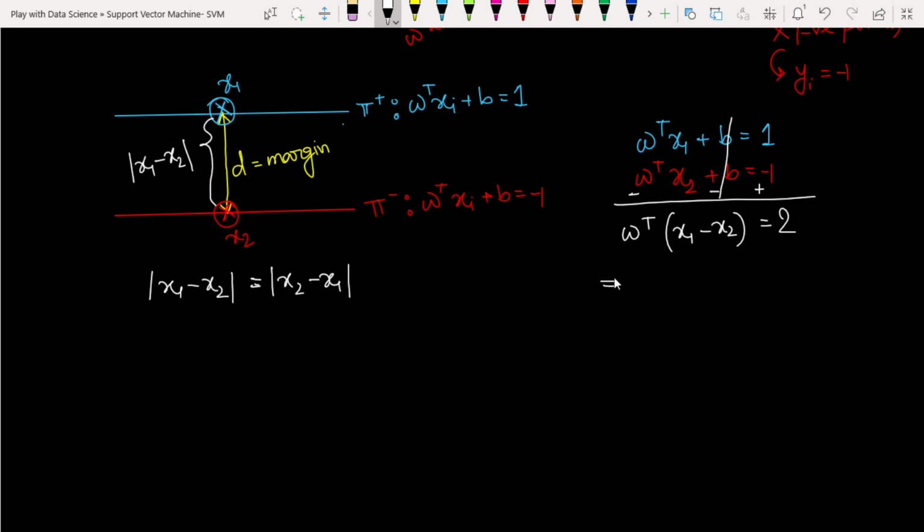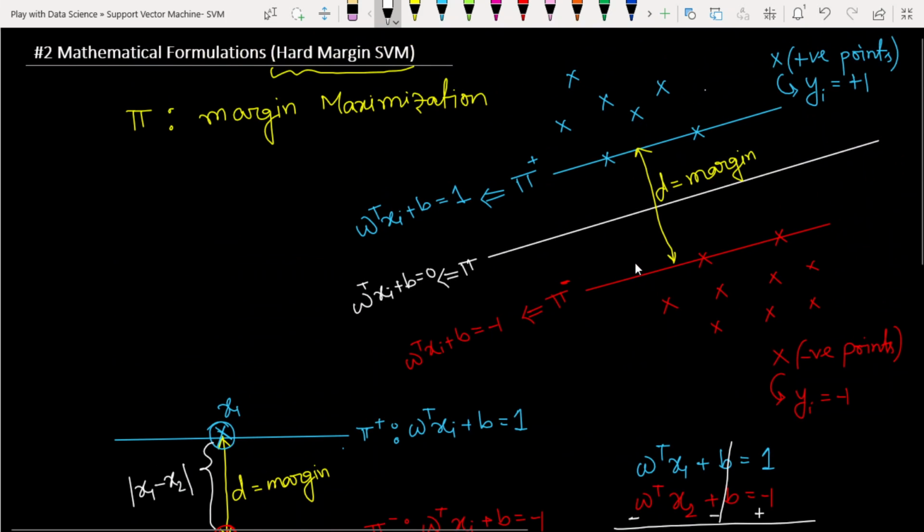Now remember from the geometrical intuition that in this plane, w is the normal vector. Since the pi plus plane and pi minus plane are parallel to our pi plane, the direction of w is the same, and w is perpendicular to pi plus as well as to pi minus.